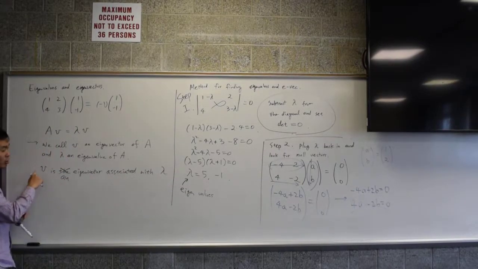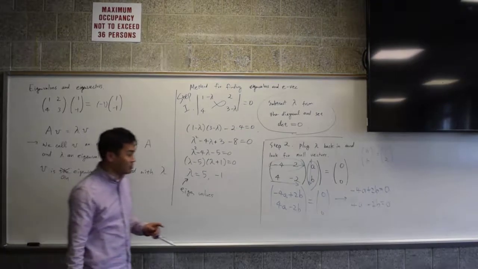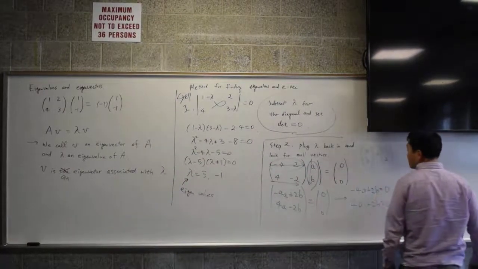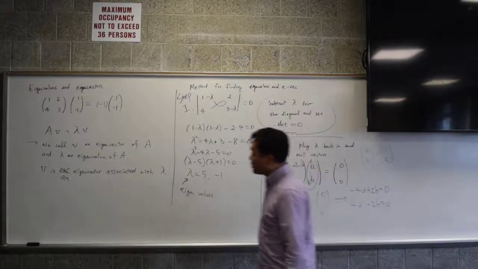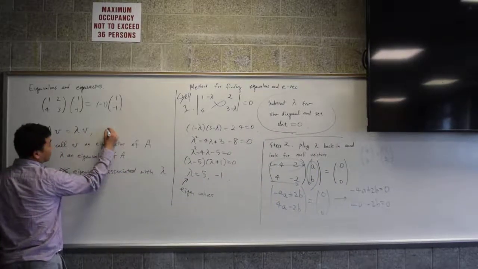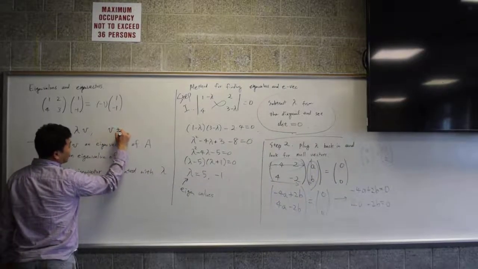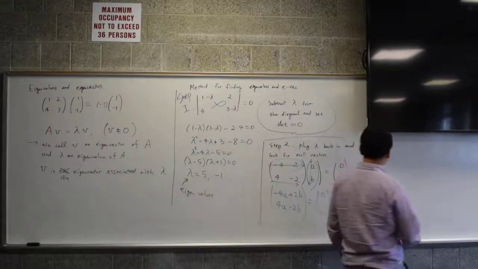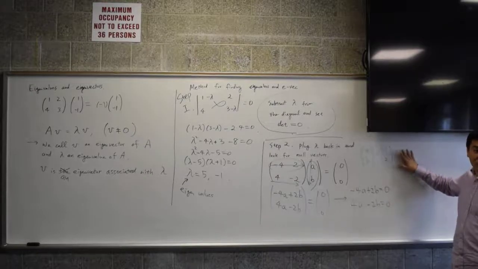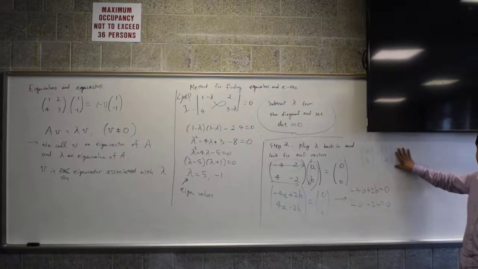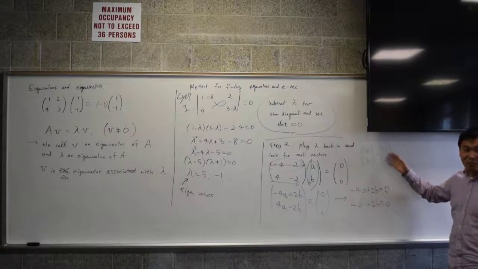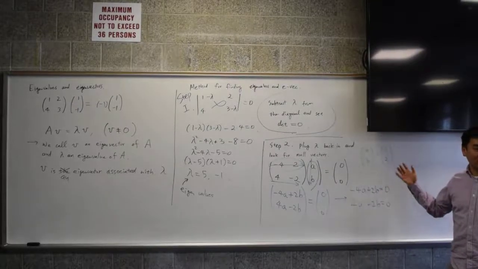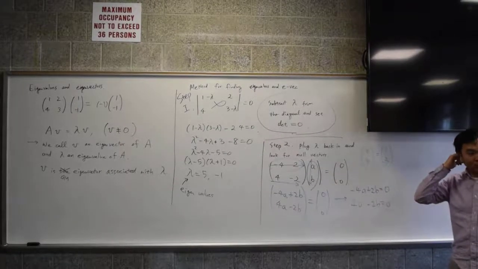Among the many, you just find one that's non-zero. The only requirement for the eigenvector is that V cannot be the zero vector. Any multiple of this could be chosen as the eigenvector, but we tend to find the simplest integer one if possible. Sometimes it's impossible.